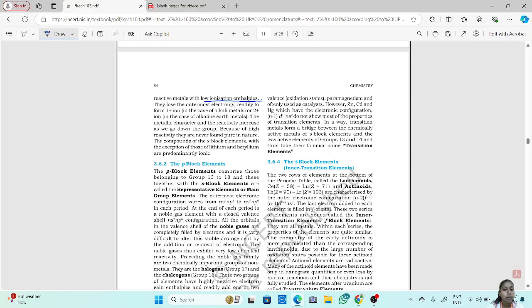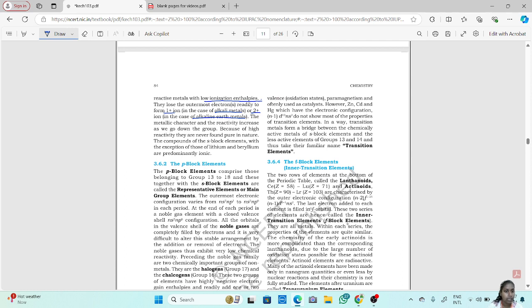Then they lose the outermost electron readily to form +1 ions in case of alkali metals, or +2 ions in case of alkaline earth metals. So since their ionization enthalpy is low, that is the energy required to remove the electron is low, they lose their electrons readily. That means if you add something, they will give out their electrons.